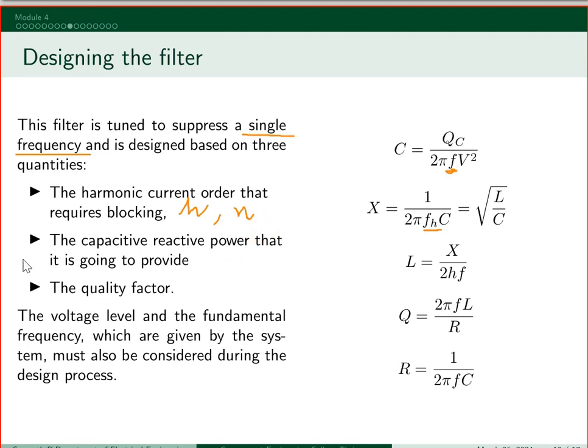Okay, and the capacitive reactive power that it is going to support, which is your QC, and the quality factor, which is your Q. These are the main factors which need to be considered. The voltage level V, as well as the fundamental frequency F, also has to be considered.